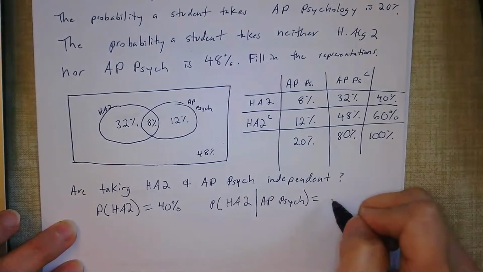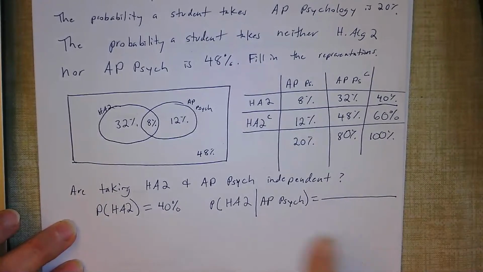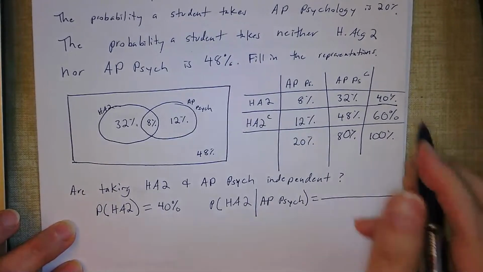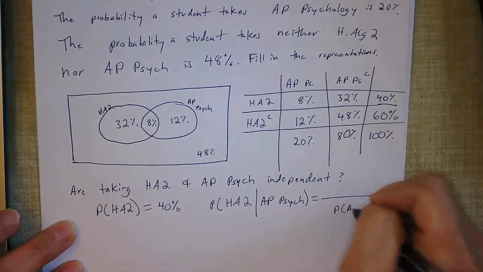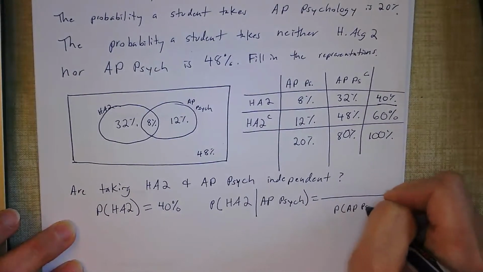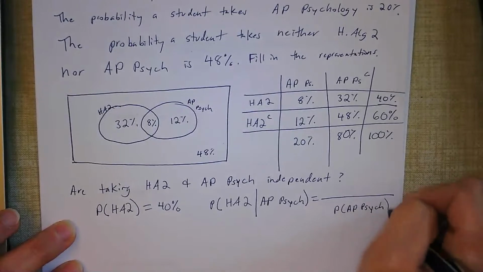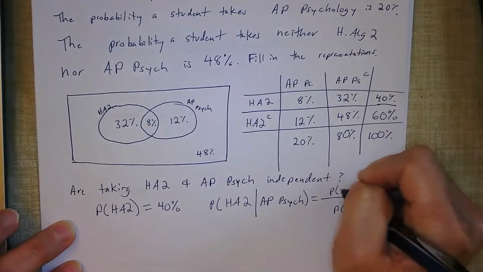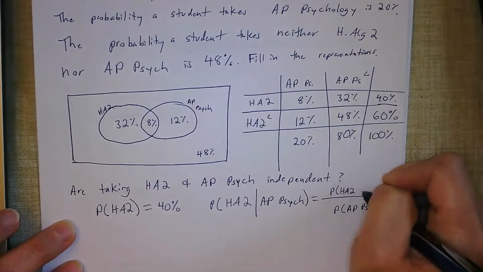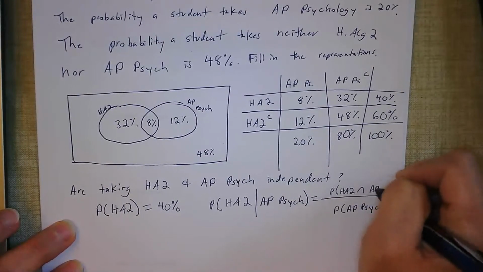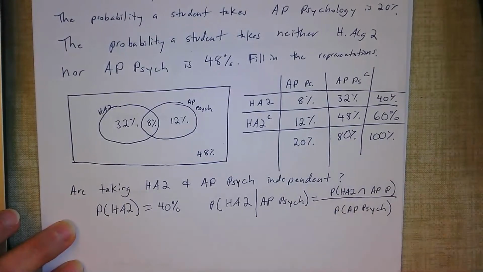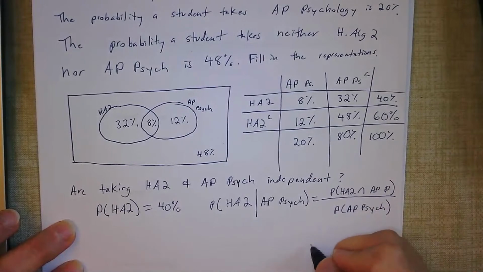Okay. So the way I'm going to do this is I'm going to create a fraction, and the denominator is going to be the probability of AP Psych. And then I want to know who takes both Honors Algebra 2 and AP Psych. All right, so how many people take AP Psych?